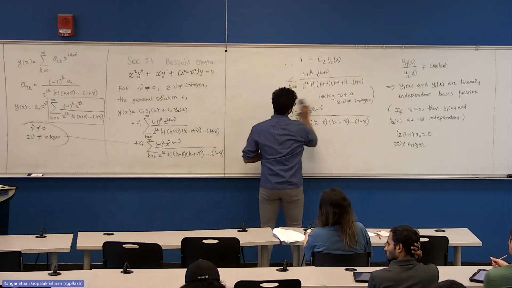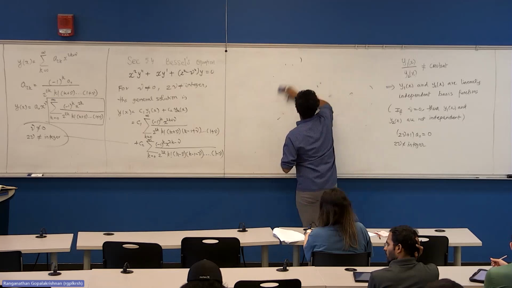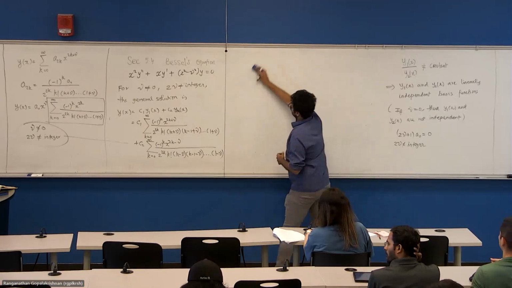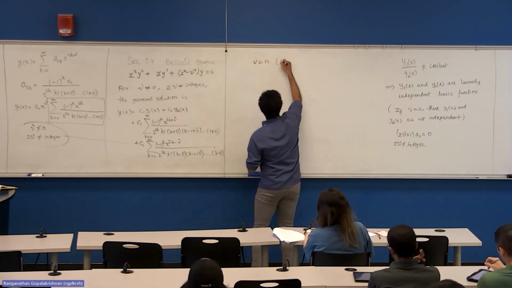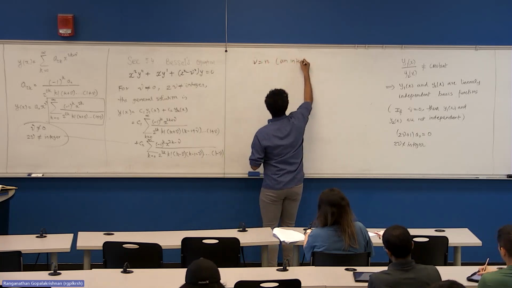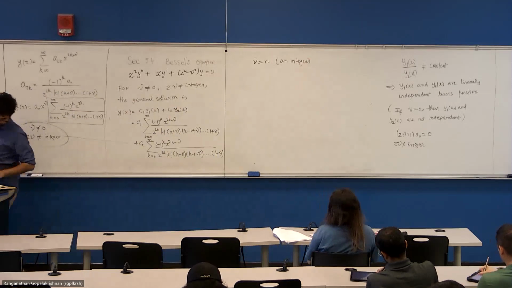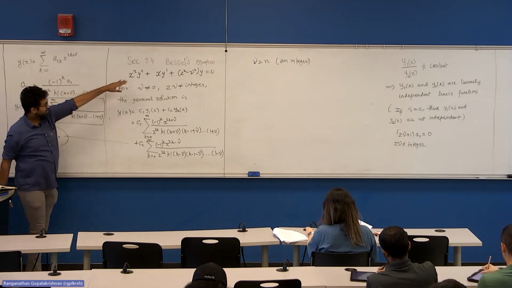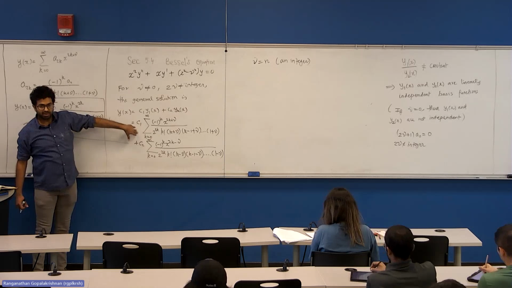We start discussing cases one by one. What if nu is an integer? We jump directly to that. Let's say nu equal to n, an integer. Obviously, if nu is an integer, only one of these functions can be used as a basis.